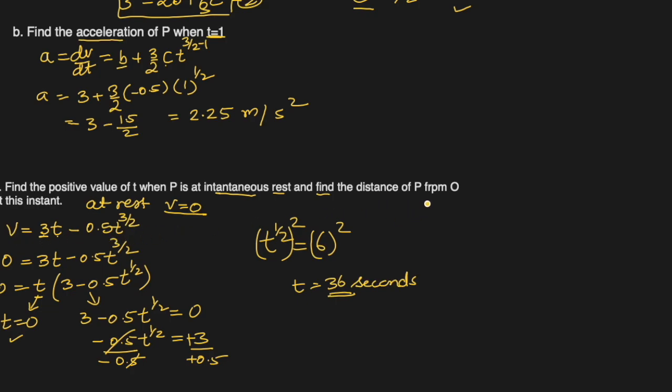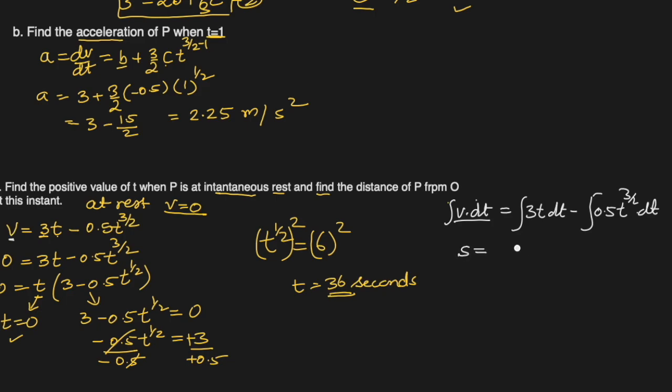For that we will integrate. So I'll integrate both sides to get displacement. I integrated this, I will integrate here also. So it will be 3t dt minus 0.5 t to the power 3 over 2 dt. Okay, so integration of velocity is displacement.